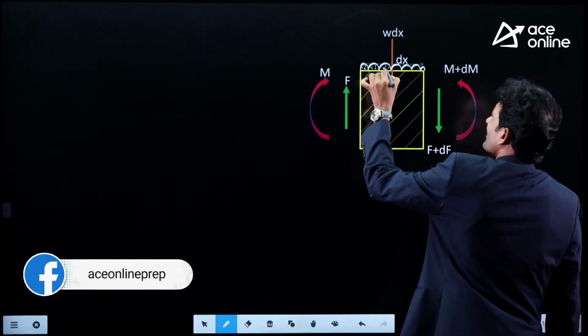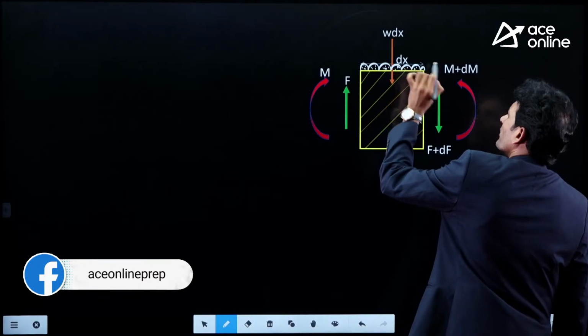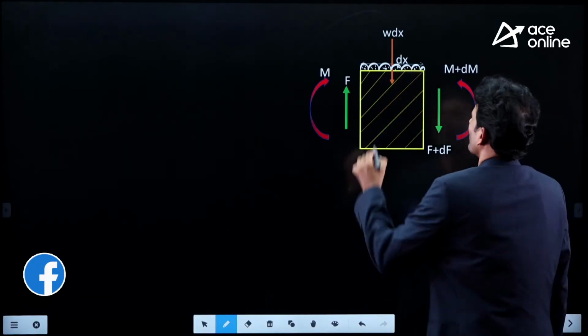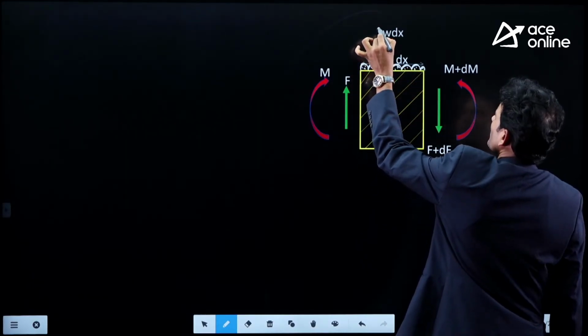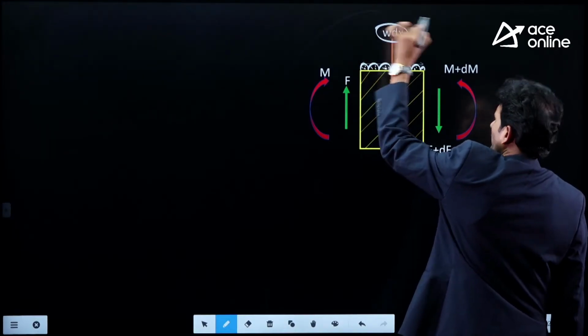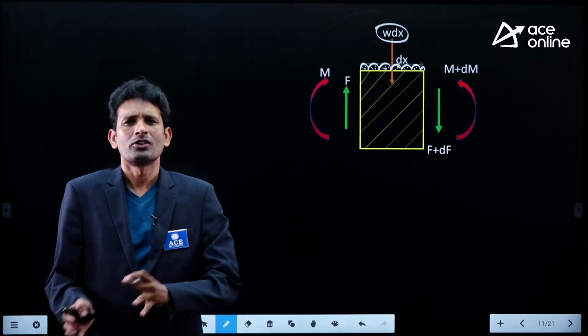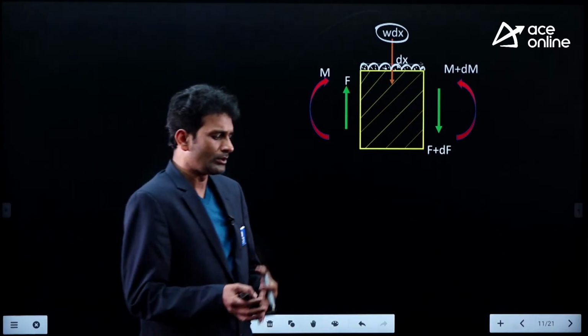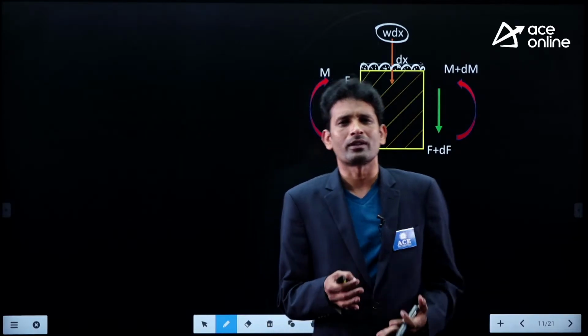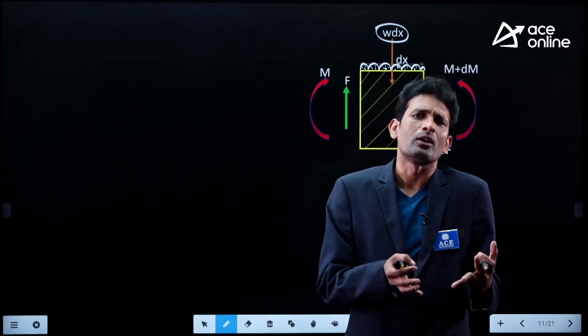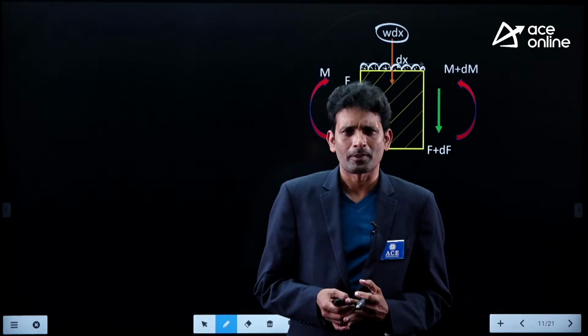Yes, let us consider it is a UDL, uniformly distributed load. Now when we are doing the analysis of the beam under distributed loads, first of all, we need to take the equivalent load for the distributed load. That equivalent load we are using for the analysis purpose.